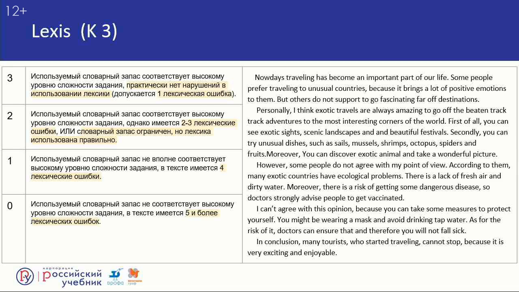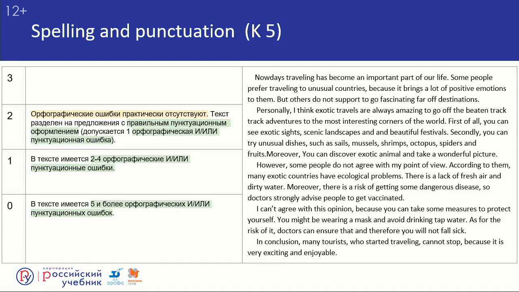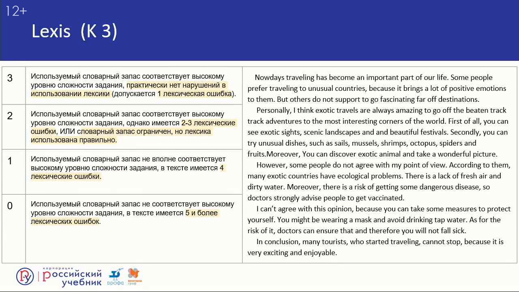I suggest that we take 1 minute to look through this essay. If you need a bit longer, you can pause, and then we'll discuss lexis, grammar, and spelling and punctuation over here.